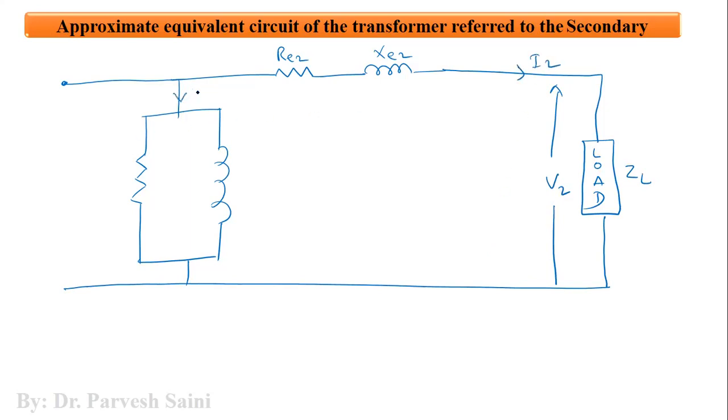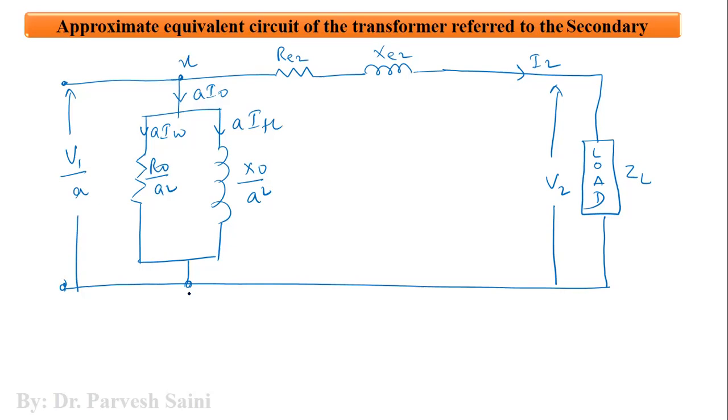Now here we have A I naught, this is A I mu, this is X naught by A square, this is R naught by A square, this is A I W, and this is the input side, so it is equal to V1 by A, right? And this is the junction X, this is junction Y, and the current here is A I1, and this is ZE2, right? So we have combined all these parameters.